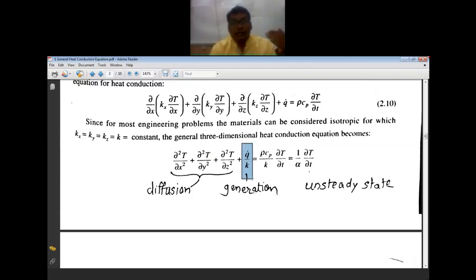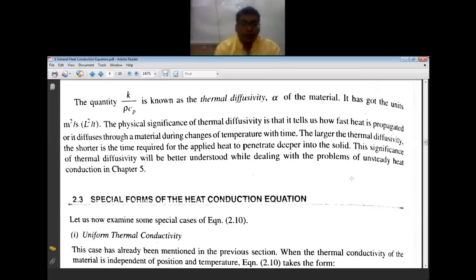That can also happen, where the heat coming in is the heat going out. This is the second condition. There is also a stage where there is neither generation nor a change in temperature, so both conditions, no generation and steady state, are there. We will see these one by one.